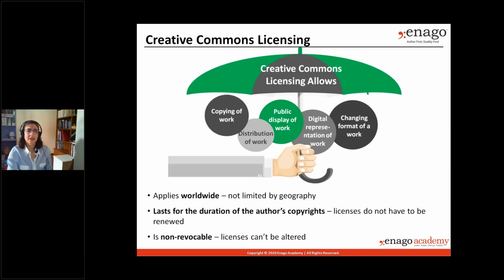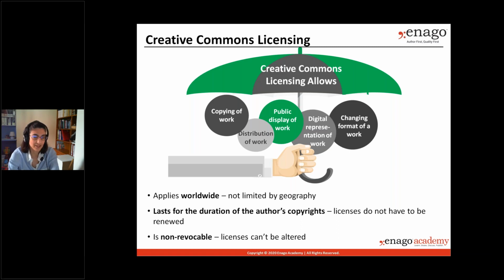Let's look in a little more detail at the Creative Commons licensing. What does it allow? It allows copying of work, distribution of work, public display of work, digital representation of work, and changing the format of this piece of work. It applies worldwide without limitations in geography and lasts for the duration of the author's copyrights.